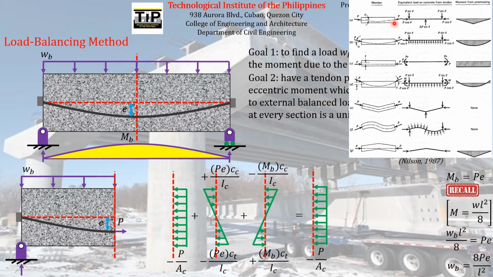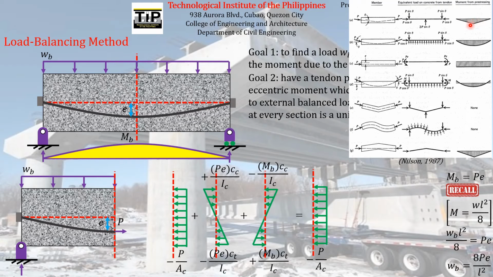In order for us to counteract all of those bending moments all throughout the length of the concrete element here, we must have a tendon profile same as this, so that the eccentric moments produced all throughout the length will look like this, what you are seeing here.